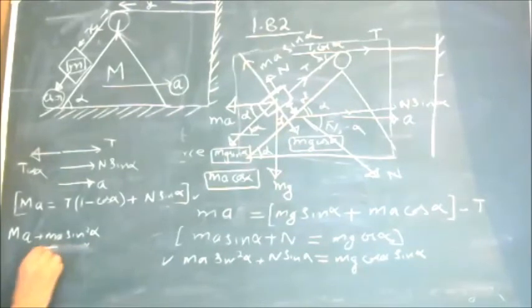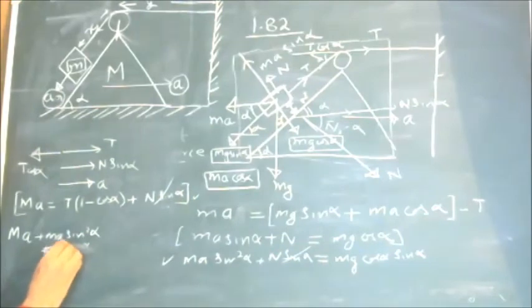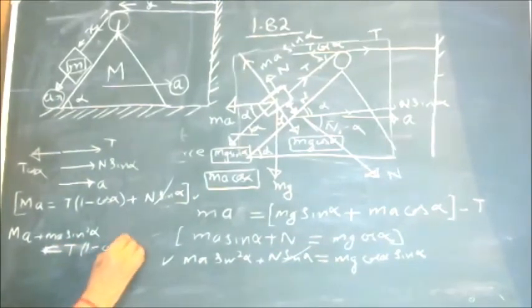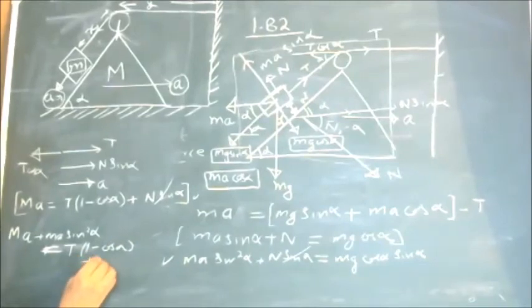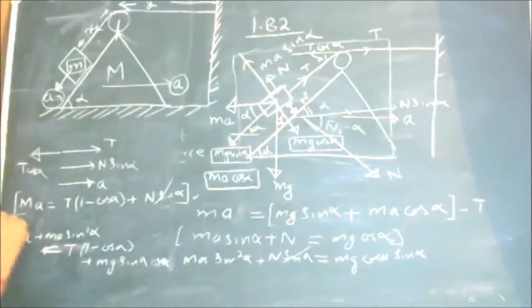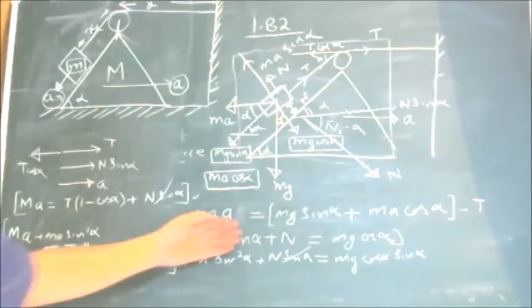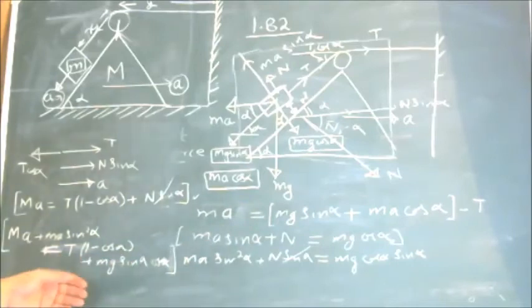N sine alpha is getting cancelled, so it is equal to T 1 minus cos alpha plus mg sine alpha cos alpha. So we have got another equation. Now we will use these two equations to get the value of A.